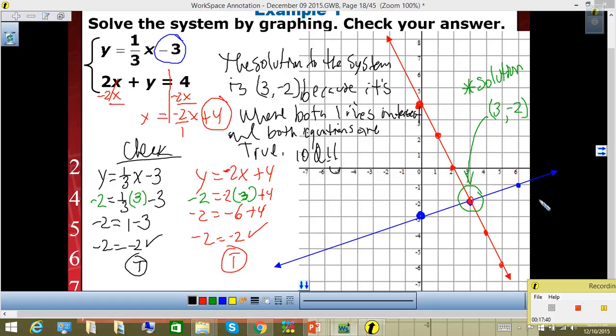Okay, let's see, who can elaborate on this? How many different ways do we know how to graph? Who said 3? Julia, what are the 3? Or give me one of them first.